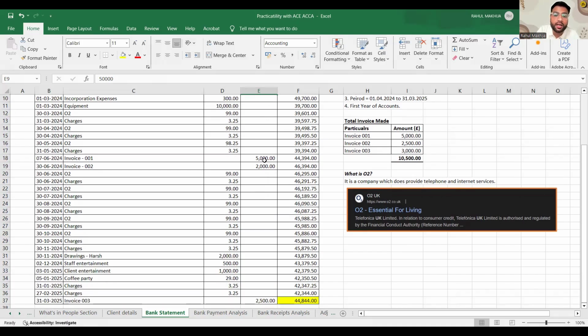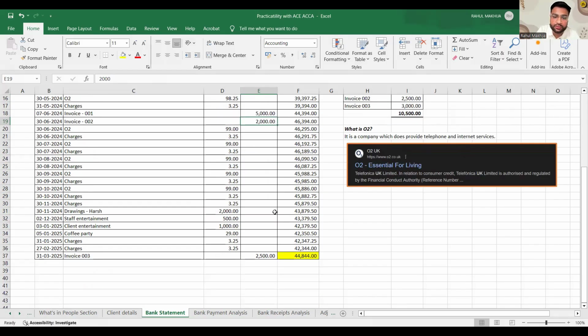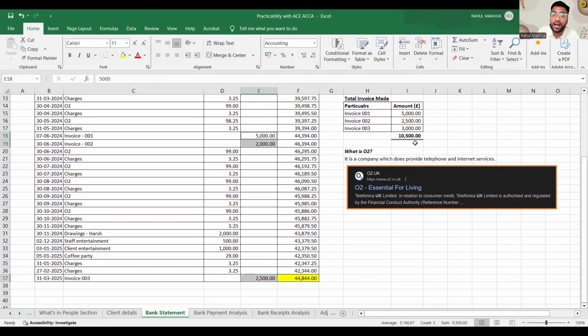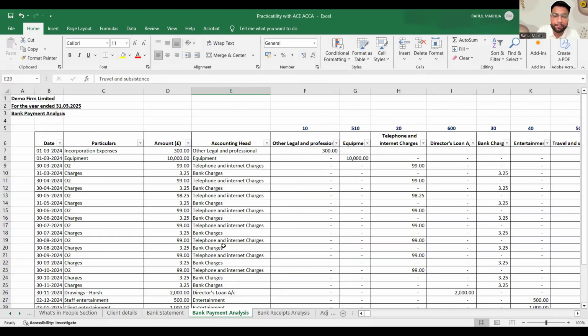And there are payments received from debtors, which are 5,000, 2,000, and 2,500, which does not equal 10,500, which means there are still outstanding receivables. So we will make sure that we record this accurately, and all the outstanding debtors are mentioned in our trial balance.